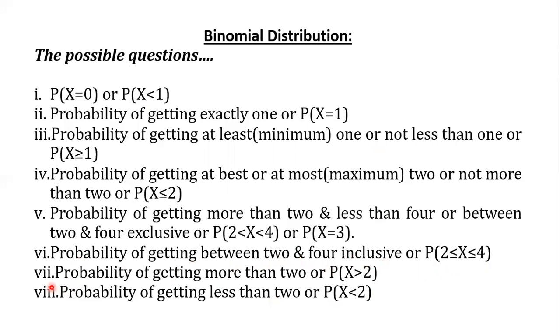Roman 7, the probability of getting more than 2, or probability of X greater than 2. Finally, Roman 8, probability of getting less than 2, or probability of X less than 2.